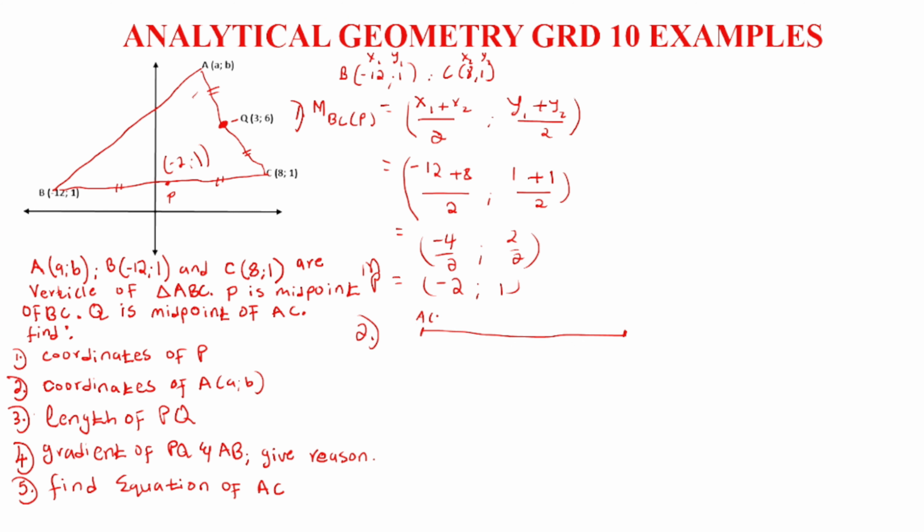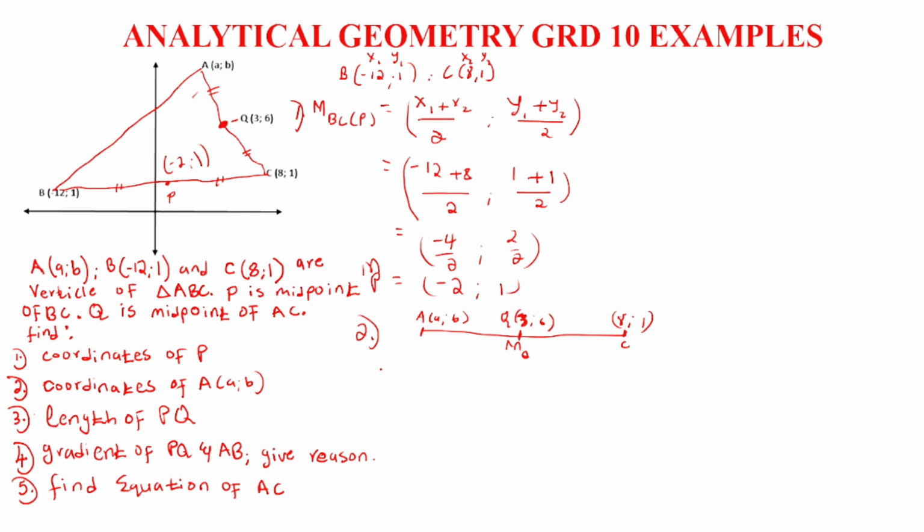You've got A there, and B, then you've got Q there, which is the midpoint. Q is given by 3, 6, and then you've got C there, which is given by 8, 1.